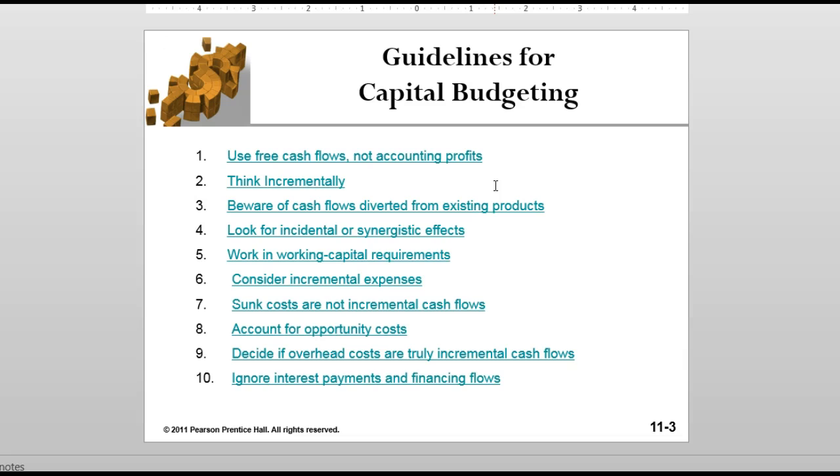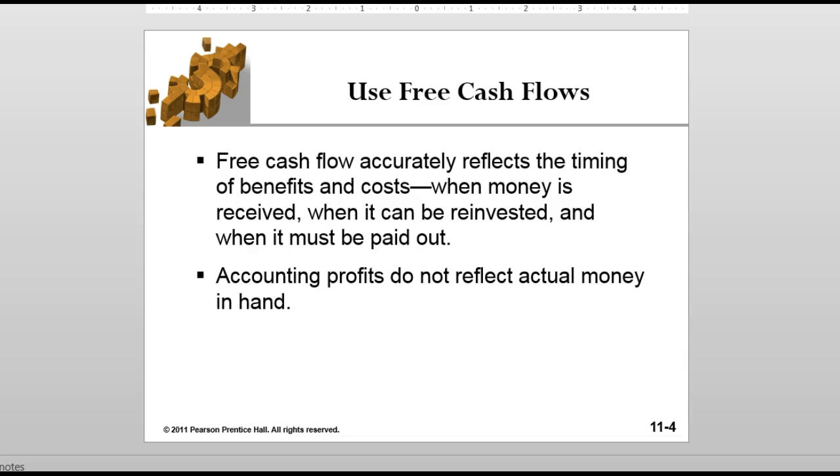You should use free cash flows and not accounting profits. Now, what does that mean? Well, it basically means that there's a big difference between an accounting profit and cash flow, or true money.